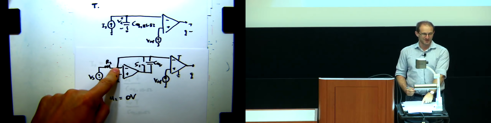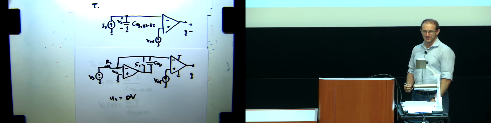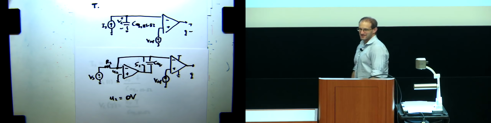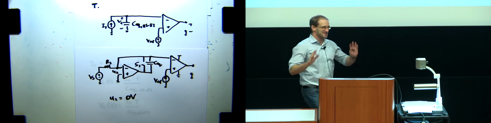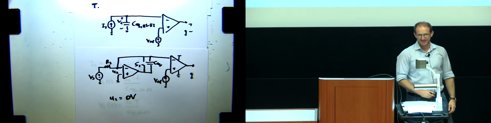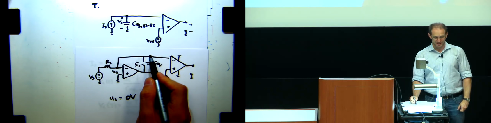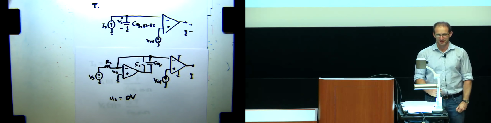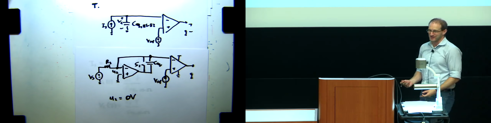If that is 0 volts, does that depend on the value of CEQ, E1, E2 in any way, shape, or form? It doesn't, right? It's just 0 volts no matter what you do. No matter what the capacitor is, it's 0 volts because this whole thing is a negative feedback. So the problem is that if I try to measure a voltage here that tells me something about CEQ, E1, E2, that voltage is 0. It doesn't actually care what the value of the capacitor is.